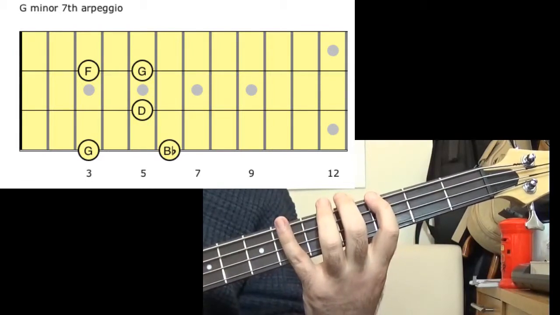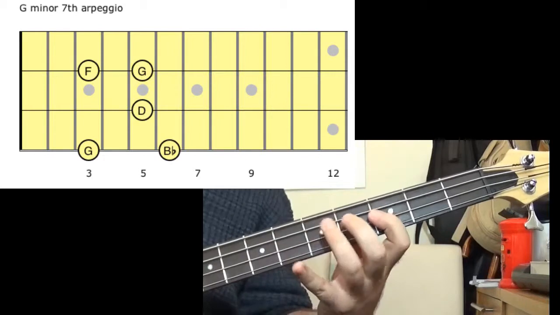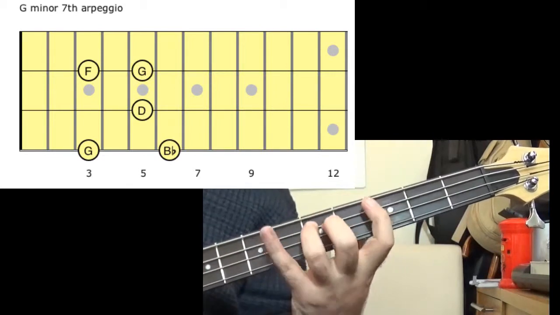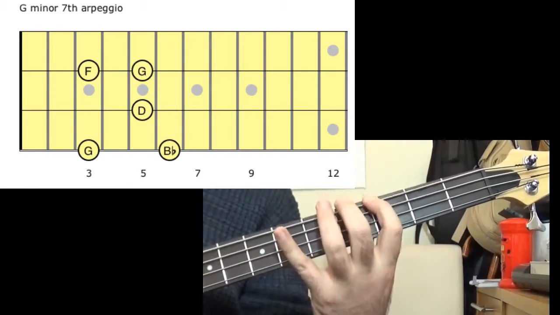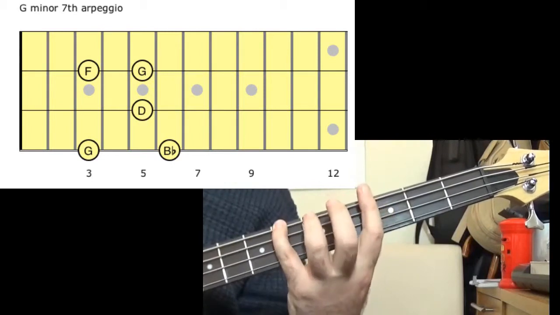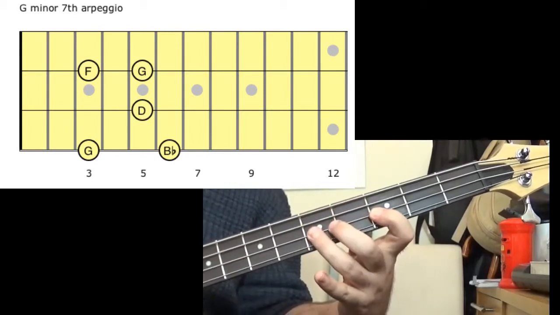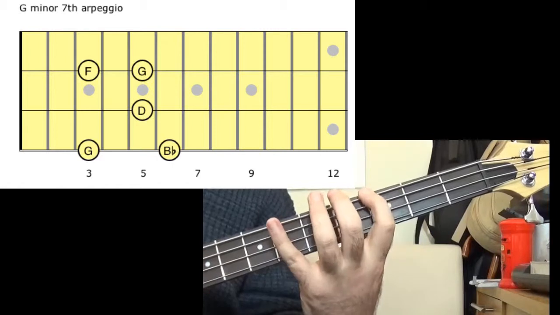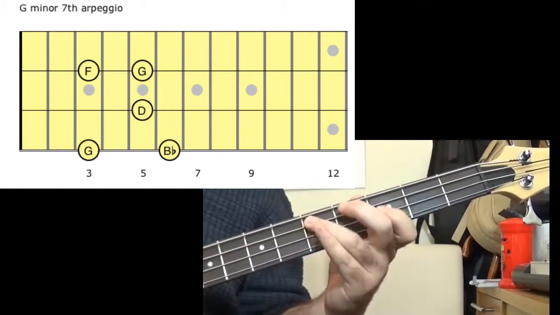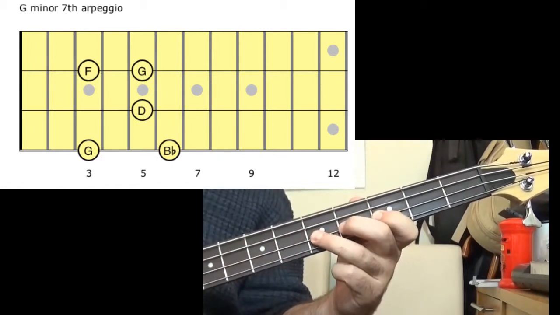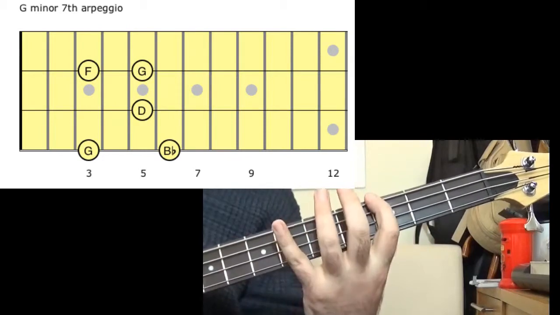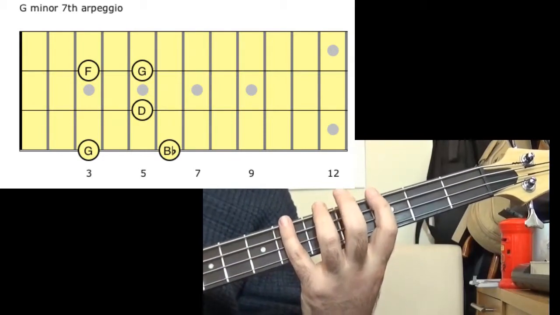So one more time. G, B flat, D, F, G, or root, flat 3rd, 5th, flat 7th, octave. And that's my minor 7 arpeggio.